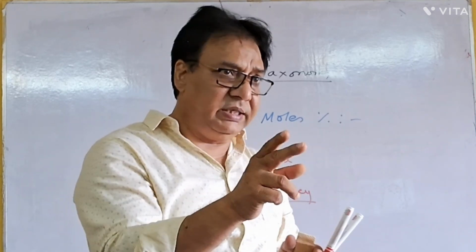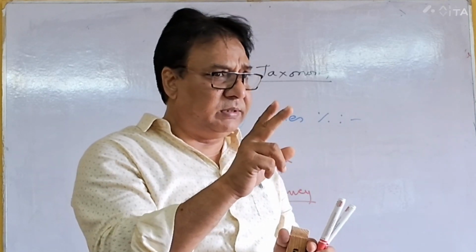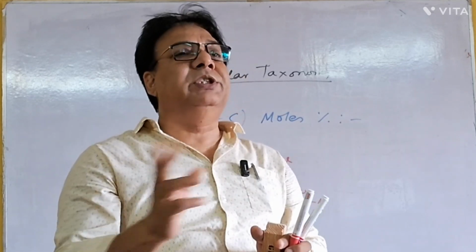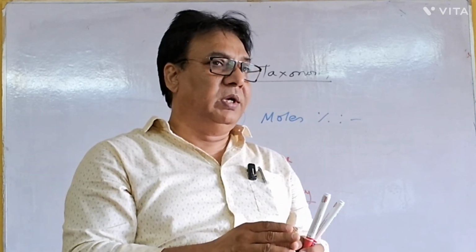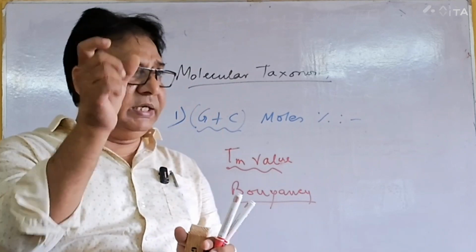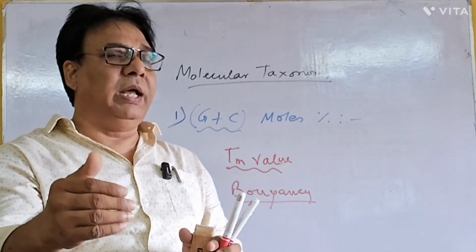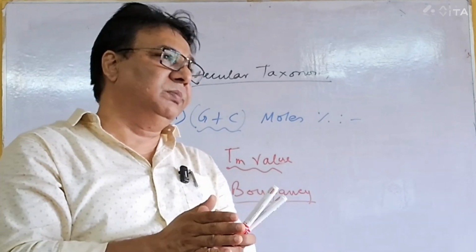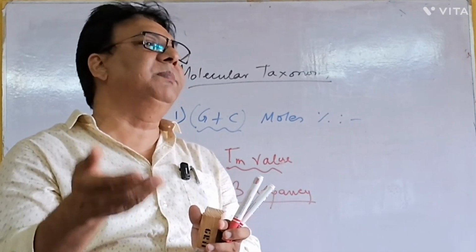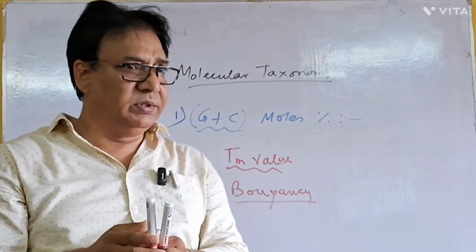Because A and T form 2 hydrogen bonds between them, and GC forms 3 hydrogen bonds. So a DNA containing more GC in the sequence will have a greater number of hydrogen bonds. So it will take a higher temperature to melt that DNA.